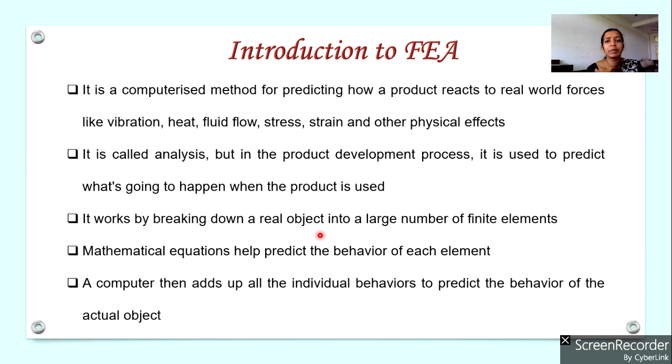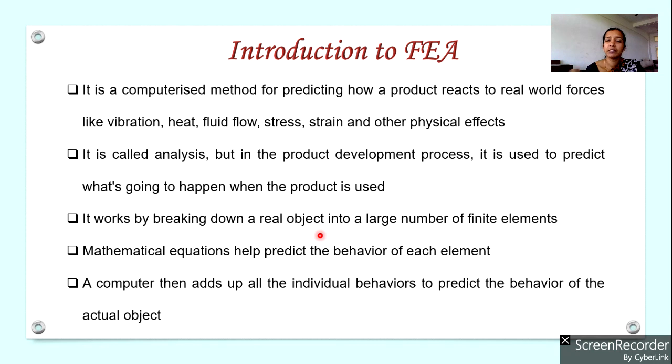So it may sometimes be defined with the help of a higher order partial differential equation. So if we have to mathematically represent that particular object as a whole, we need some higher order partial differential equations. But if we are dividing that particular object into a number of elements, we can use simple algebraic equations for representing each of the elements.